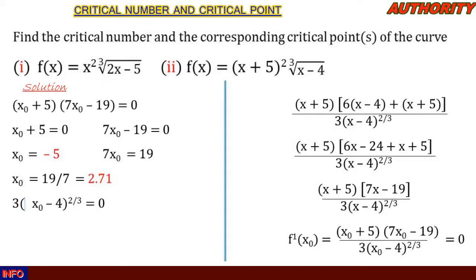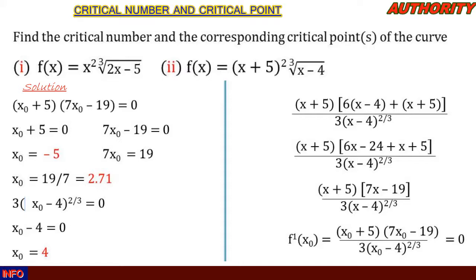We have the term in the bracket, x naught minus 4, equal to 0. So x naught is equal to 4. Here we have solved and obtained the following critical numbers: x naught is equal to minus 5, x naught is equal to 2.71, and x naught is equal to 4. These are the critical numbers.